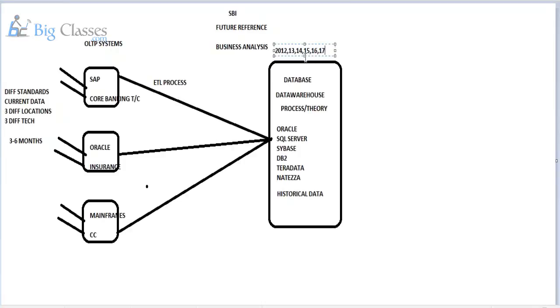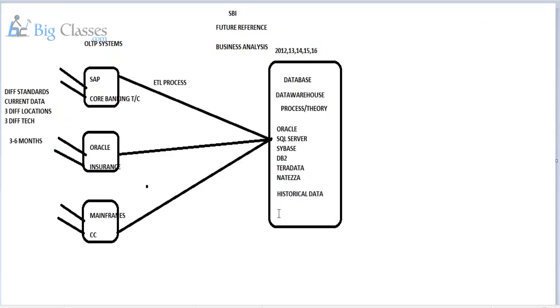You have the yearly data and the daily transactional data stored within the data warehouse. Since it contains the data over a period of time, it's called the historical data which is present within the data warehouse.